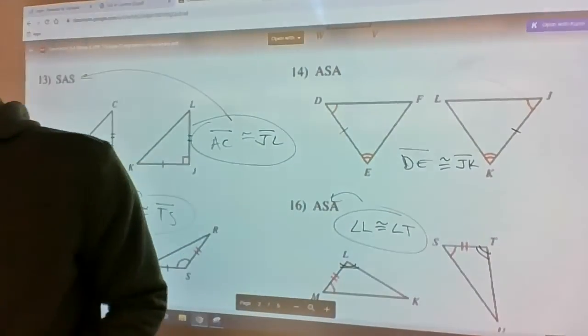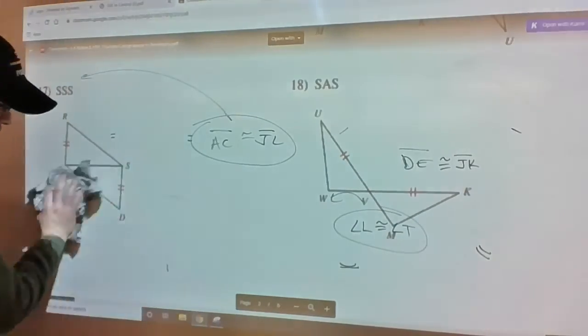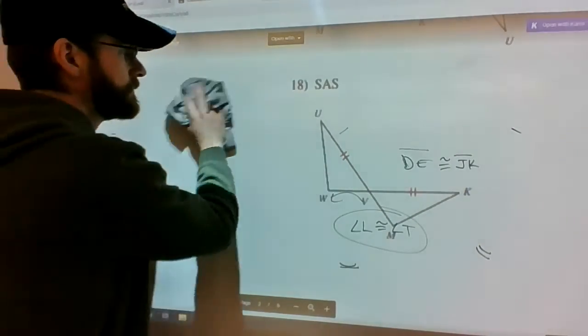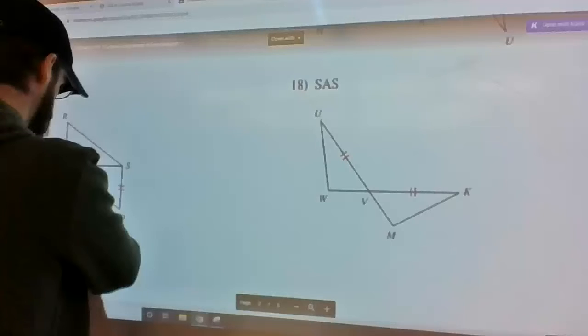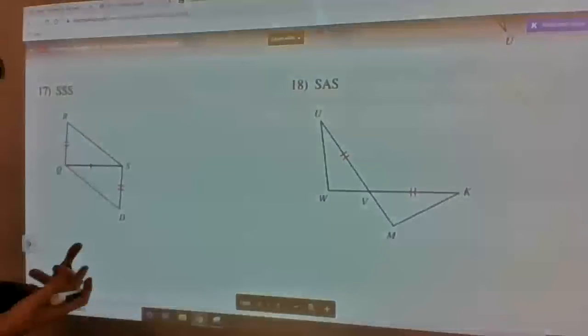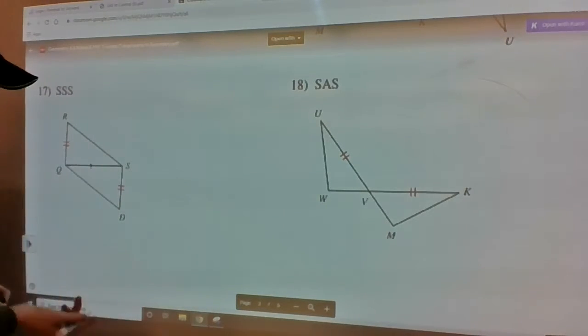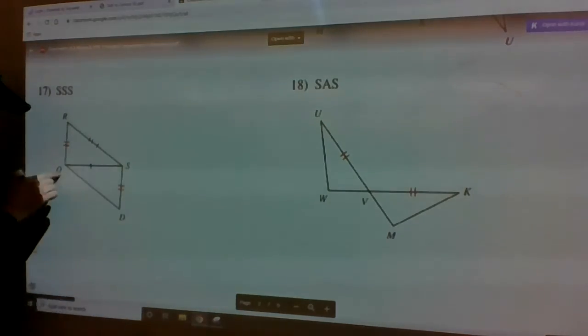And then lastly, this side is shared with itself, so you would not need to state that. However, you would need to state that RS is congruent to DQ.